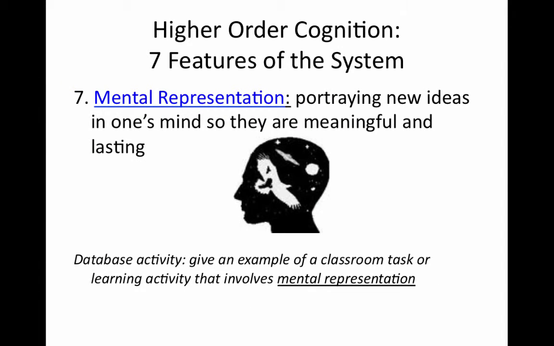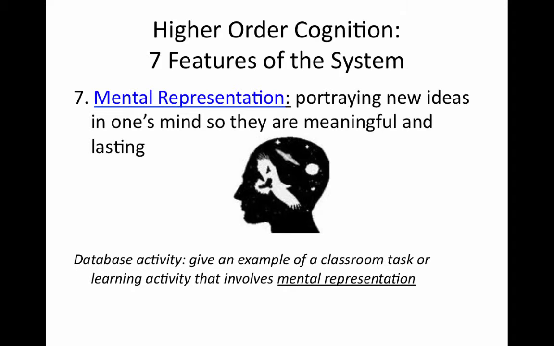And finally, the last feature of higher order cognition presented in the neurodevelopmental framework is mental representation, which is defined as portraying new ideas in one's mind so that they're meaningful and long-lasting. Now, this aspect of higher order thinking can be really, really challenging for students who have difficulty with memory, attention, language, or spatial ordering, since those constructs are all involved in mental manipulations of visualizations that are necessary to create these representations.